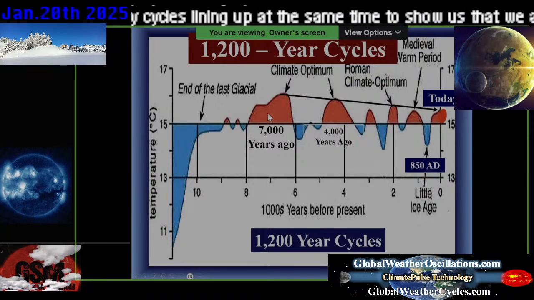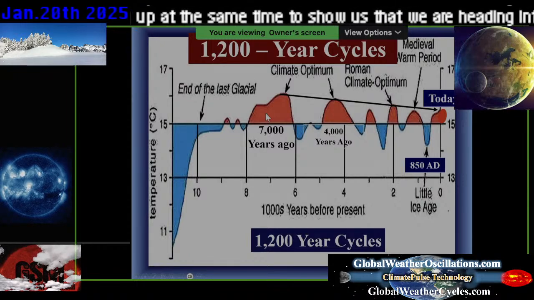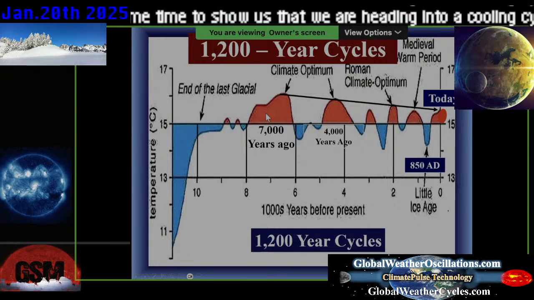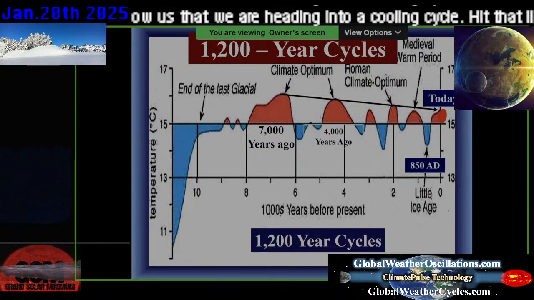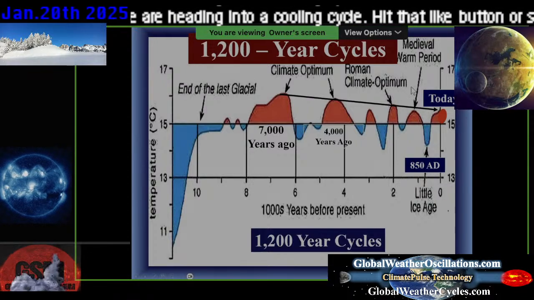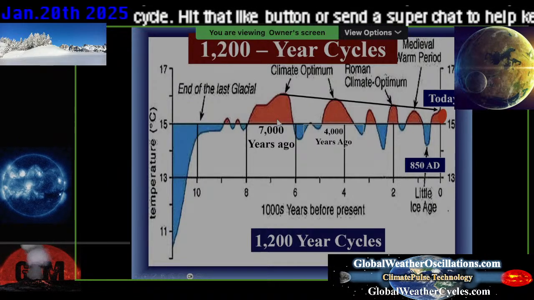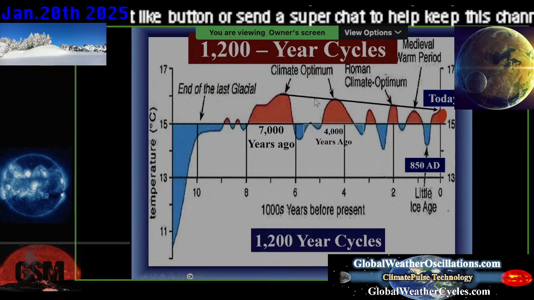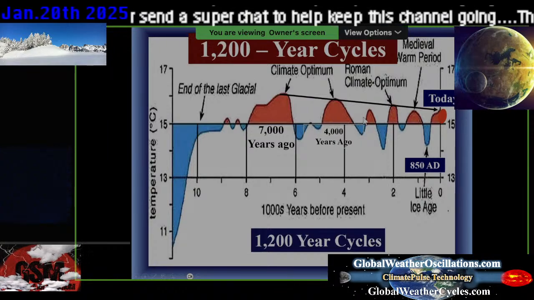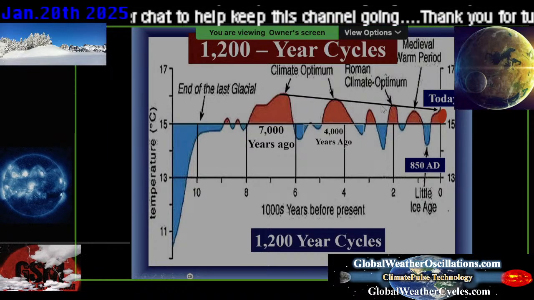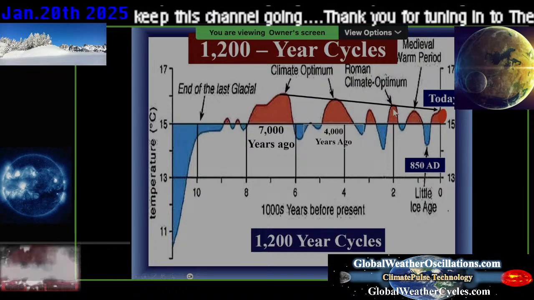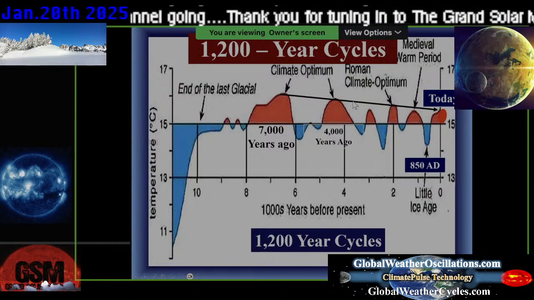And this is another cycle. The interglacial and glacial periods cycles are about every 120,000 years. And these are about 1,100-year cycles. Very warm back 7,000 years ago, cooled down 4,000 years ago. And you can see we're on a cooling trend since we came out of the peak of the warm period 7,000 years ago.